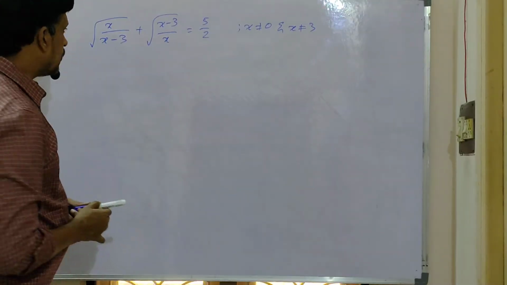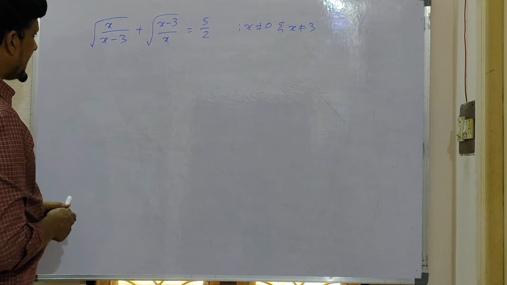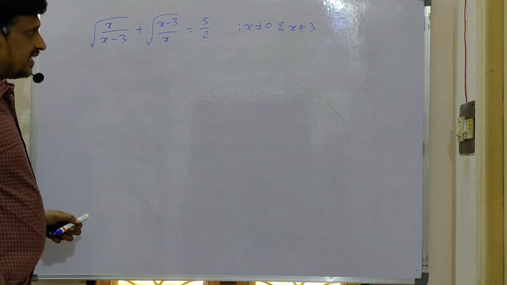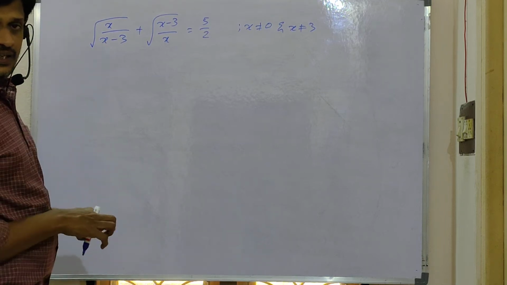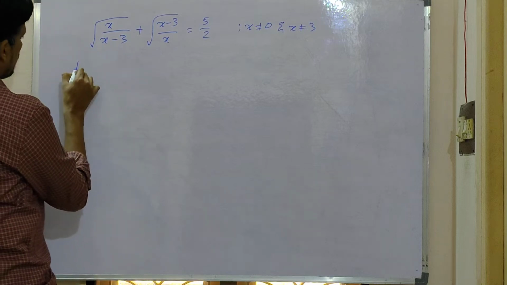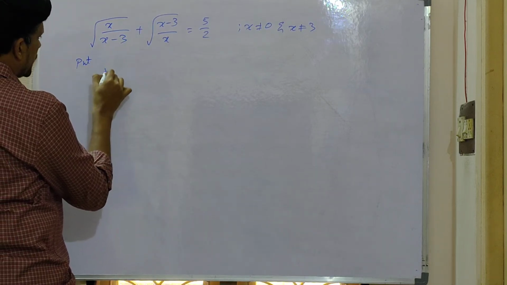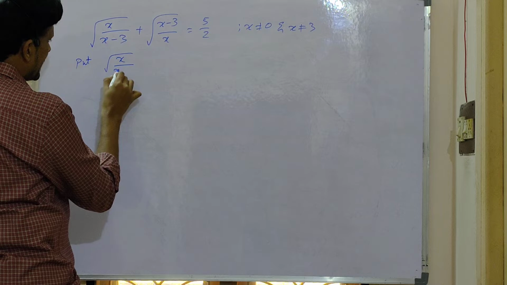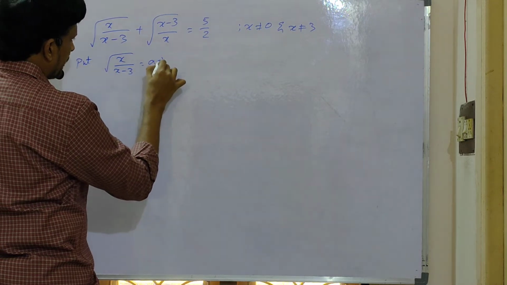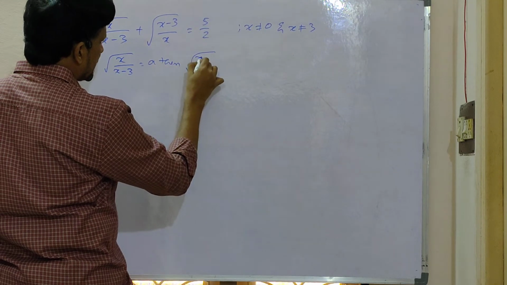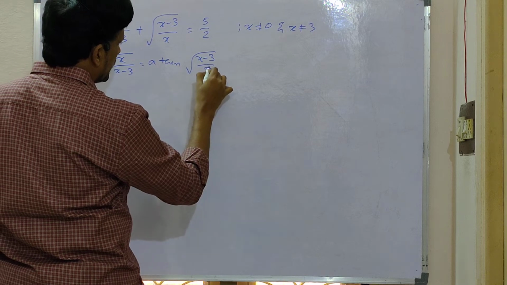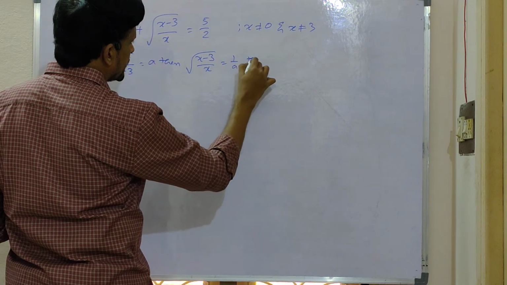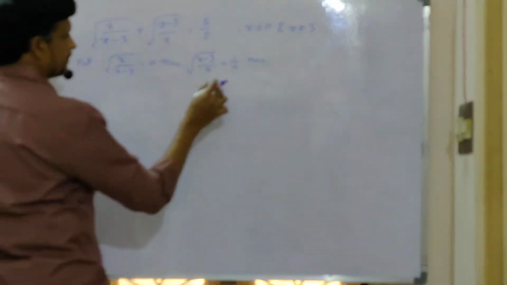So if you suppose that the first one is a, then the second one will be its reciprocal, that is 1 by a. So now put root x by x minus 3 is equal to a. Then root x minus 3 by x will be 1 by a. Then this will be okay.